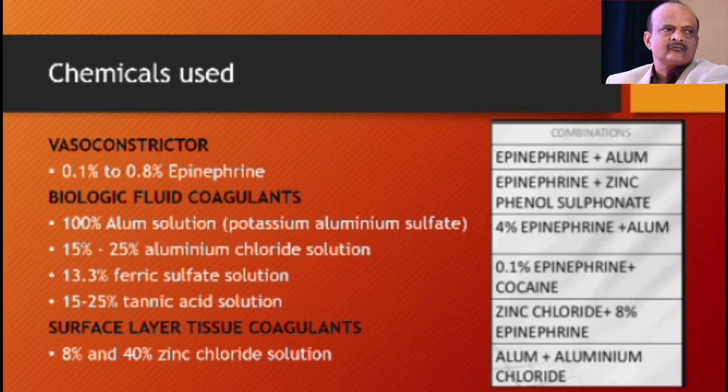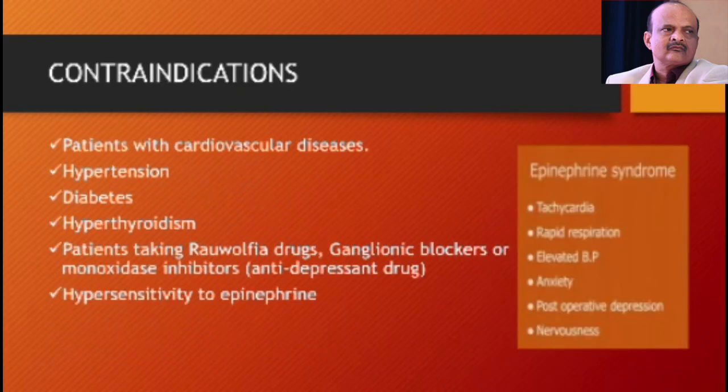Most of the time these chemicals are used in combination, commonly epinephrine and alum, epinephrine and zinc phenol sulfonate, 4% epinephrine and alum, or 0.1% epinephrine and cocaine, zinc chloride and epinephrine, alum and aluminum chloride in combination, to achieve optimum hemostasis and surface coagulation.